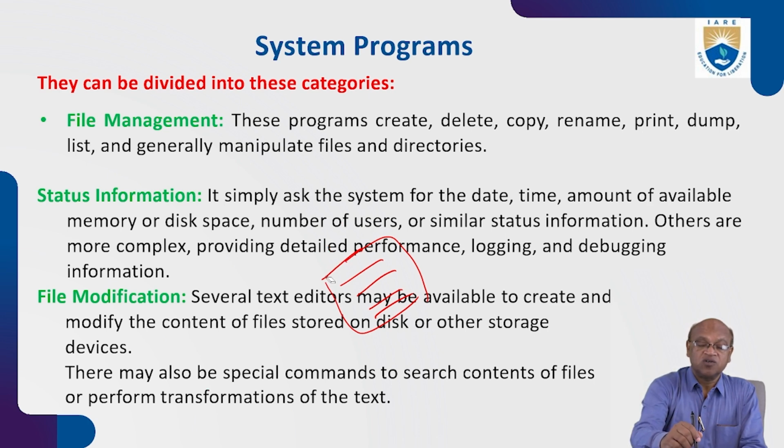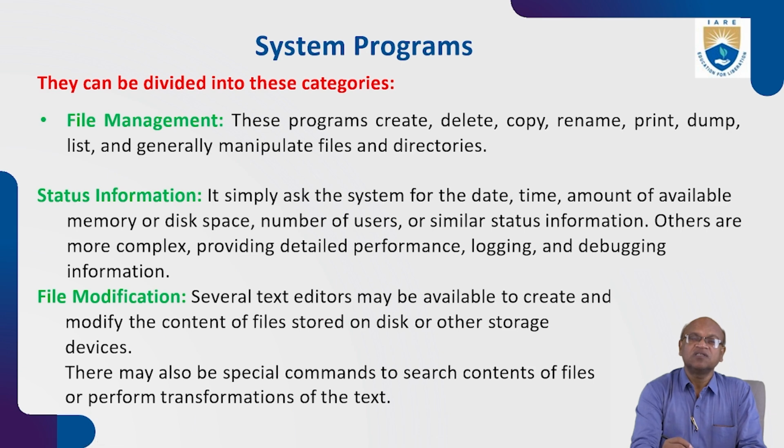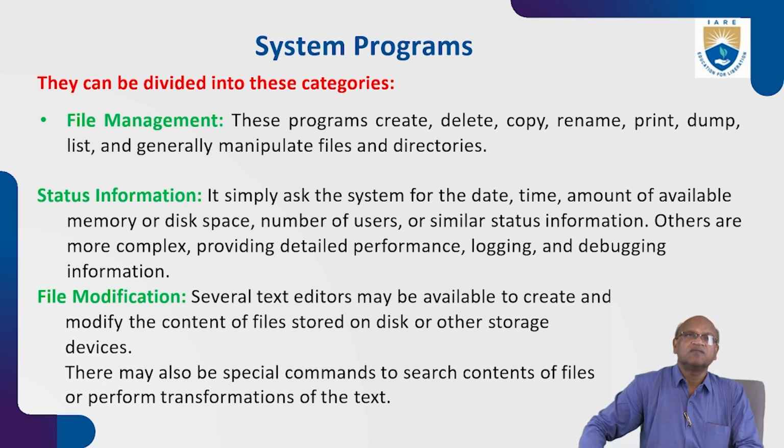In the OS, whatever the user wants, the concerned program will be there. The user is simply asking to do the job. In turn, the OS will invoke the concerned system calls or some system programs, and the job gets done. Everything will be done by the OS only.